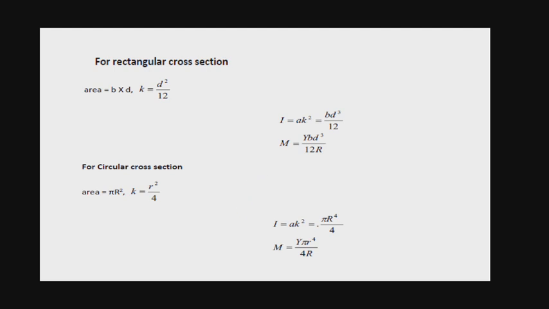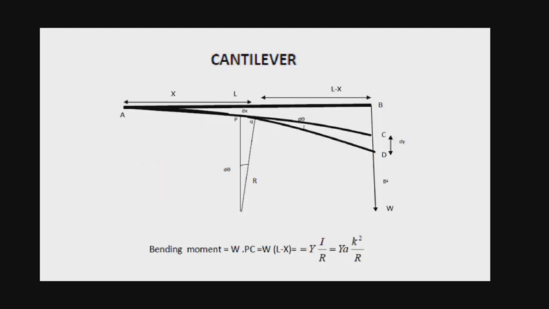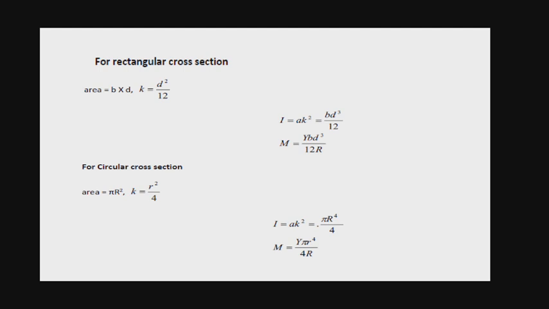Then K square is equal to r square divided by 4. I is equal to A K square, that is pi r to the power 4 divided by 4. M is equal to, you know the formula, y divided by r into I, that is y pi r to the power 4 divided by 4R.